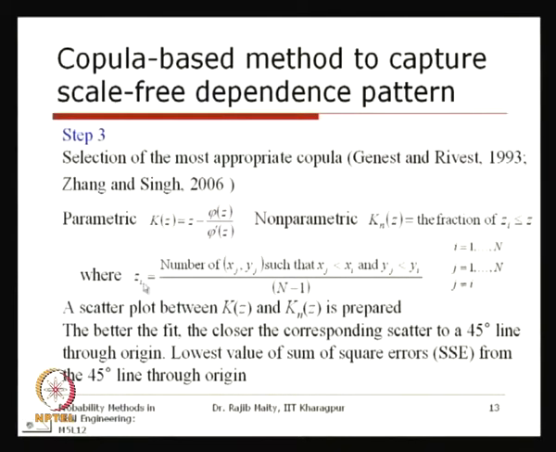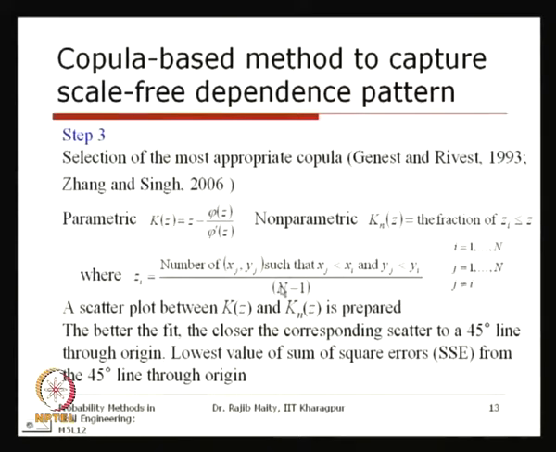Now, this z_i is equal to the number of x_j, y_j such that x_j is less than x_i and y_j is less than y_i, divided by n minus 1, where i varies from 1 to n, j varies from 1 to n, but i and j are not equal to each other.